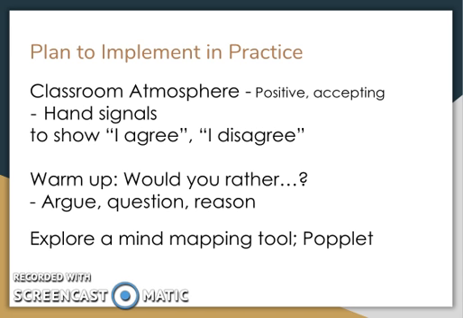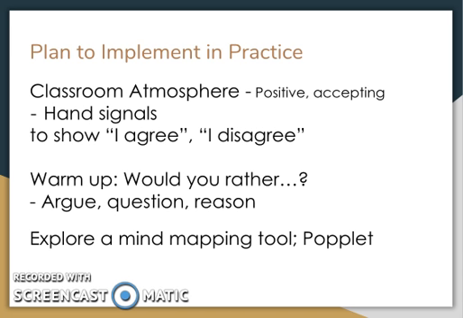In my experience with working with young learners, sometimes they find it difficult to voice their opinions and accept other opinions. My plan is to begin with the whole class, by creating a classroom atmosphere which is positive and accepting, creating a class hand signal to contribute to the class discussions as they agree or disagree, and having quick and fun sessions of dividing the class or a group with a would you rather question, such as would you rather fly or be invisible?